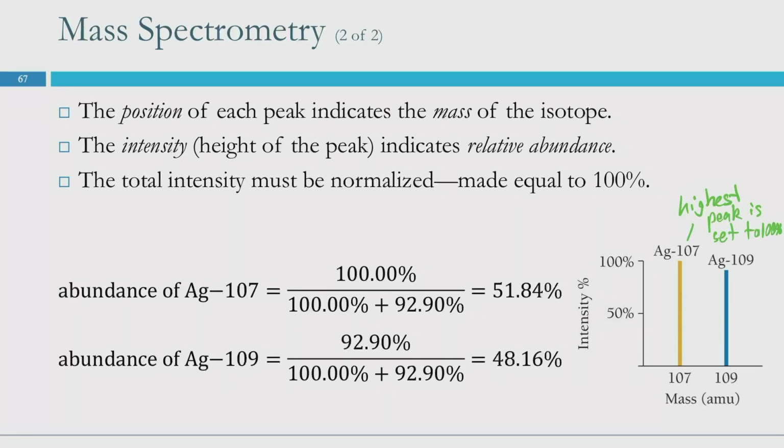And we could do calculations with these. So we can take the intensity of the isotope we're looking at, in this case Ag107, and divide that by the sum of the ion intensities.